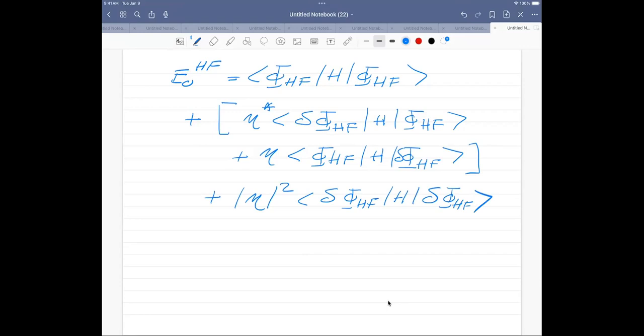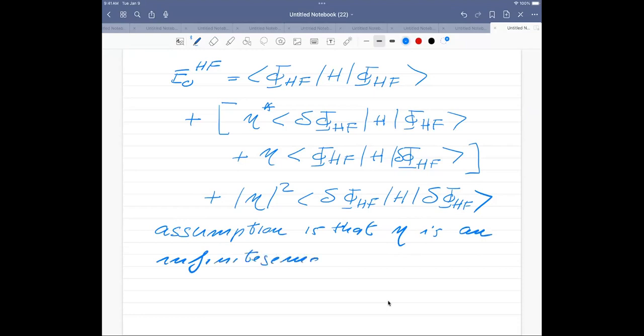Now, the assumption which we are making here is that this eta is very, very small. Eta is a complex variable, which is infinitesimally small. It is an infinitesimal constant. So it's a very small one.